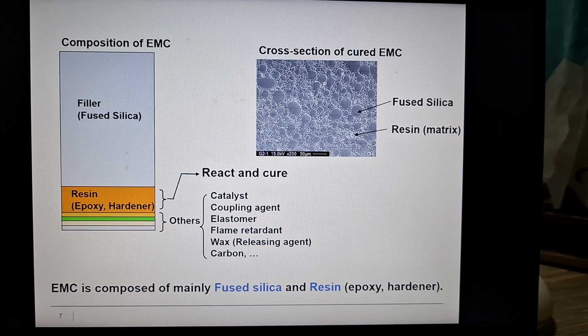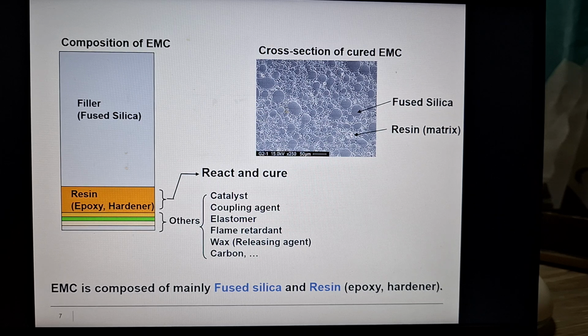Then you have to ensure that it passes the flammability, and flame retardant is one of the things added to the composition. And next is wax. As I mentioned, wax is a releasing agent. It helps to loosen things from adhering to one surface. Too much wax, of course, is not so good in terms of EMC because it loses adhesion. And without wax is also a bad thing because it makes a very sticky material to the tooling, the mold tool, things like that.